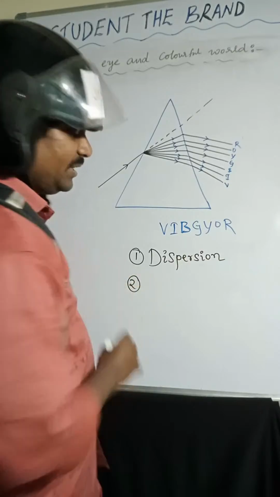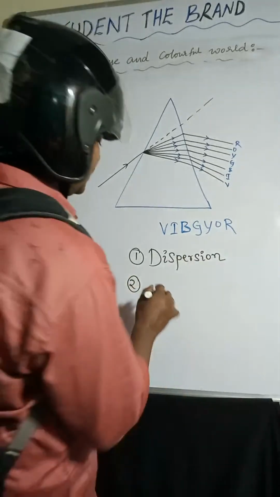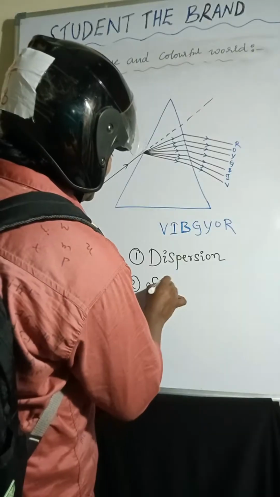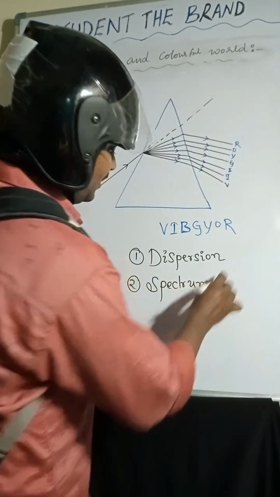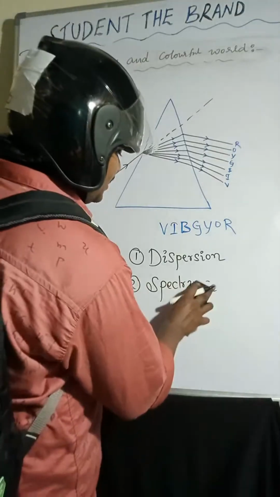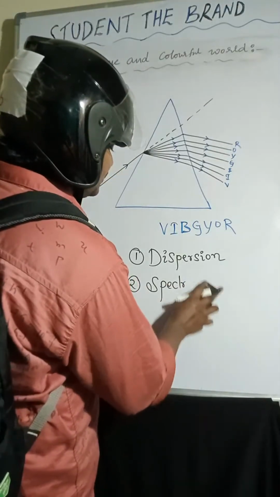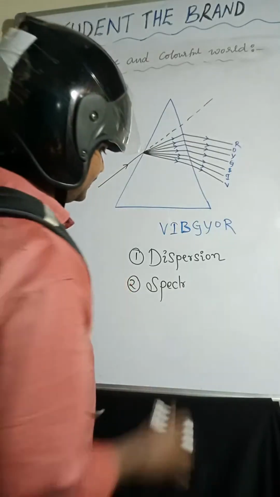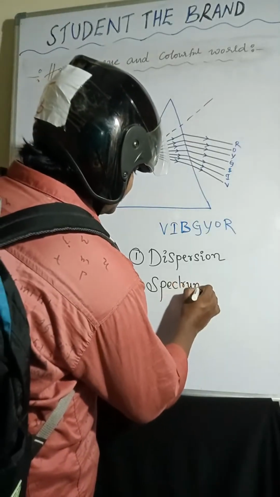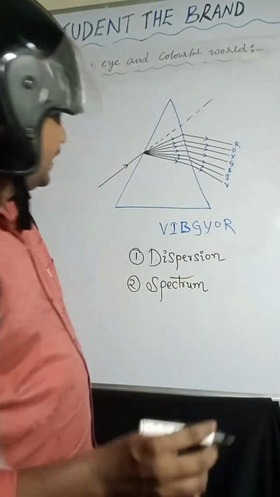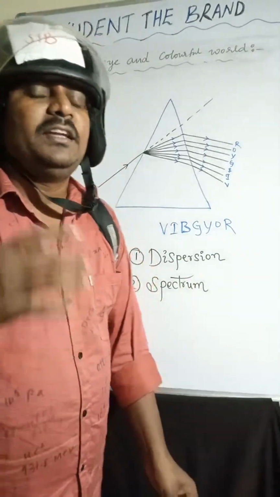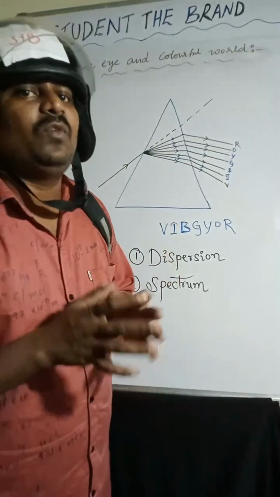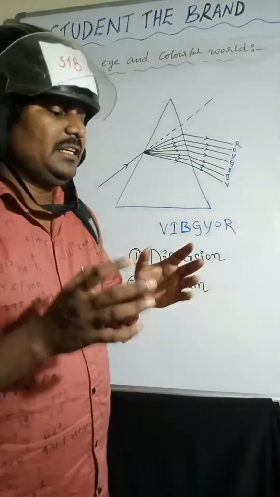The second one is spectrum. The band of colors formed on a screen is the spectrum. Dispersion is nothing but splitting of white light into 7 constant colors.